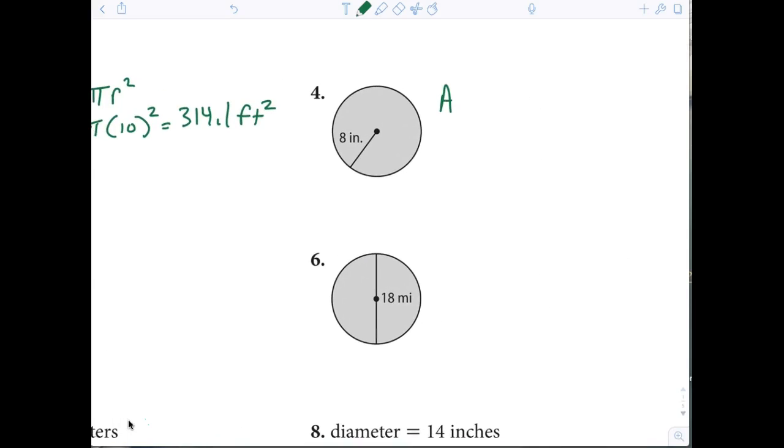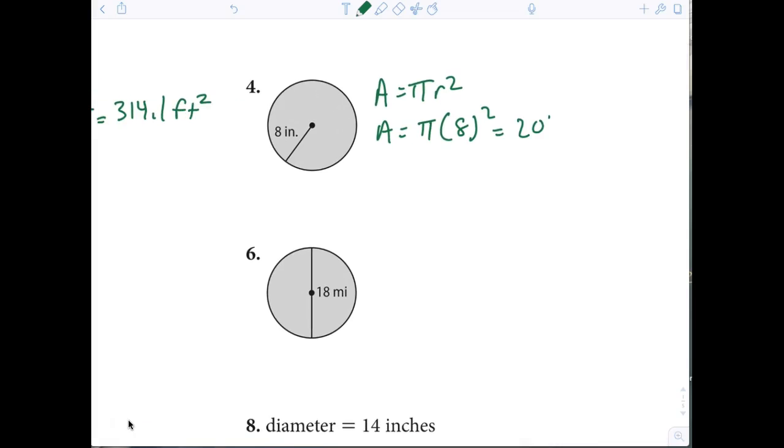A equals pi r squared. Remember, I want it written. And then A equals pi times, tell me what the answer is. About 201 inches squared, right? Inches squared. Make sure you write the proper unit.